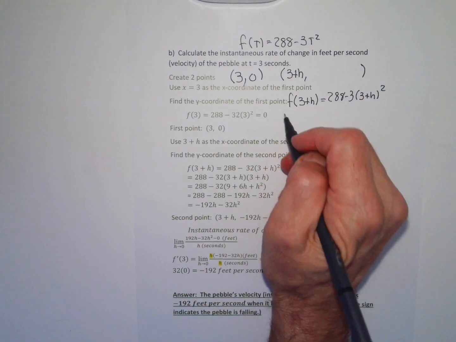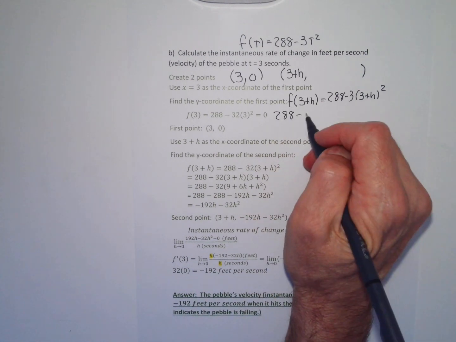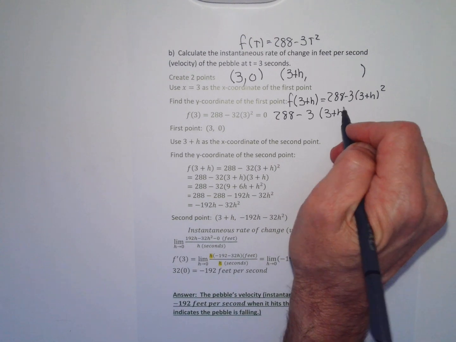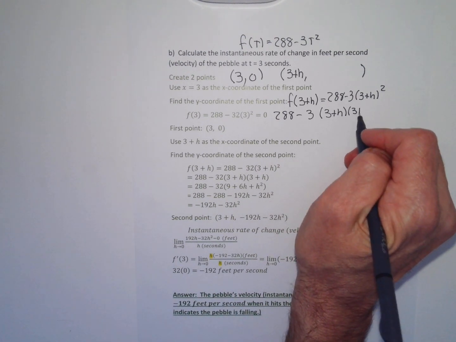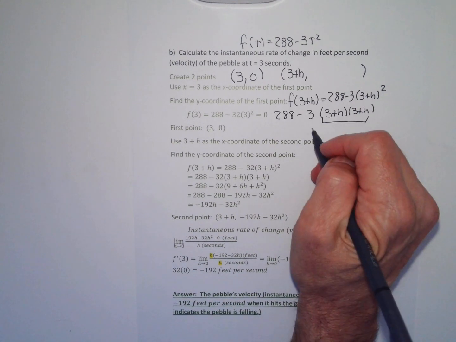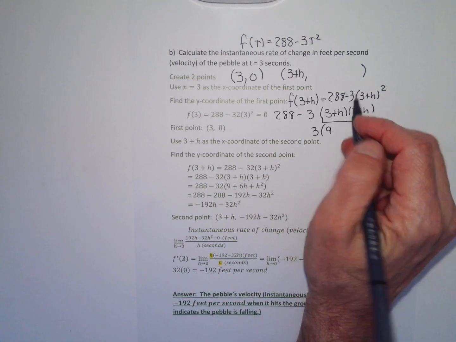Let me do this math. Go 288 minus 32 times 3 plus h times 3 plus h. To get the y coordinate of my second point, I need to do this math. I'm going to work on this first. Do the first, which are 3 times 3, which is 9.